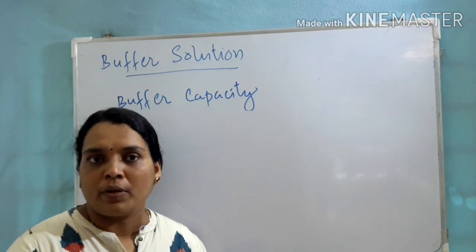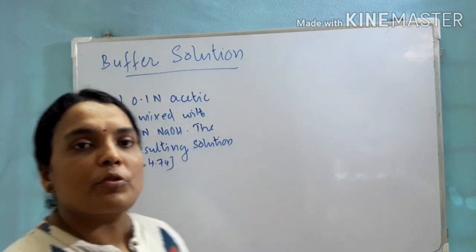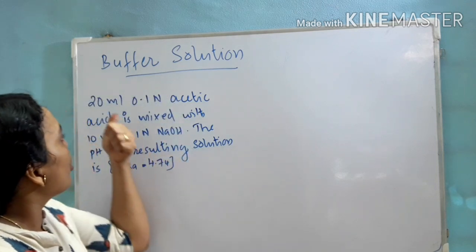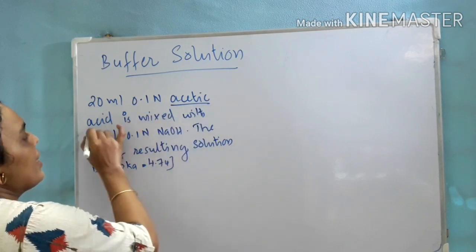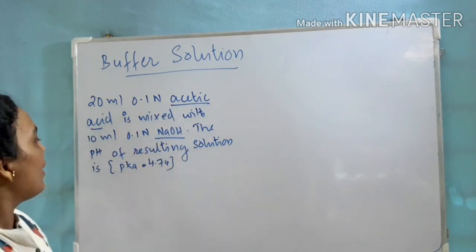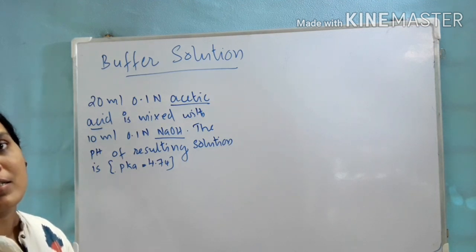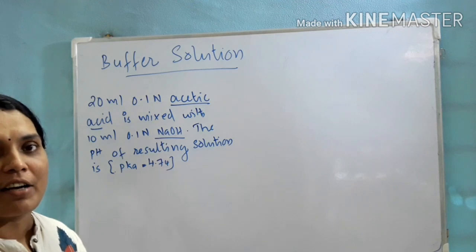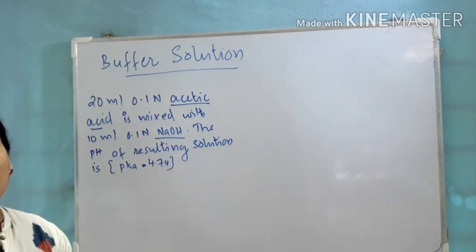Clear? Okay. Let us do some questions related to buffer solution. Look here. 20 ml of 0.1 normal acetic acid is mixed with 10 ml of 0.1 normal NaOH. The pH of the resulting solution is, again there is a confusion. Acetic acid and NaOH are mixed together.